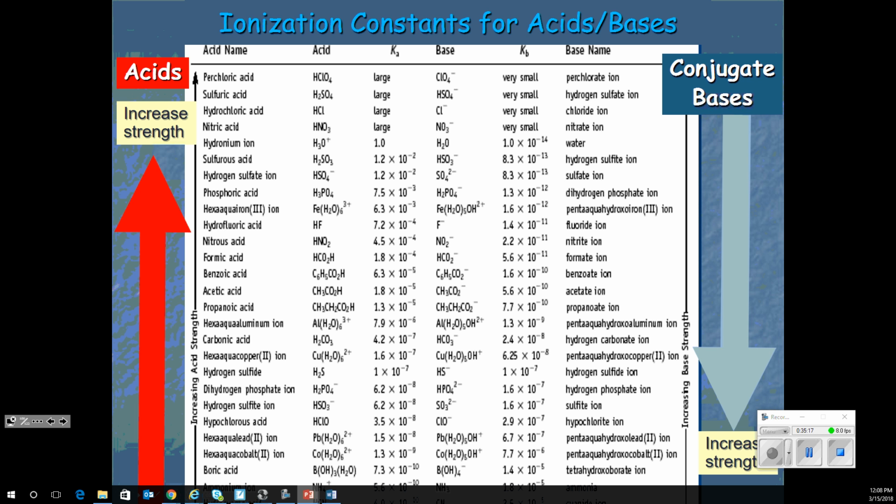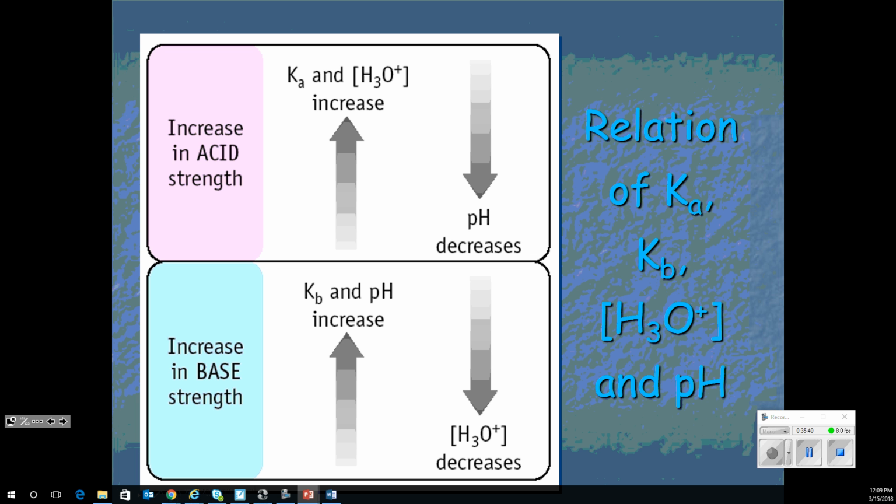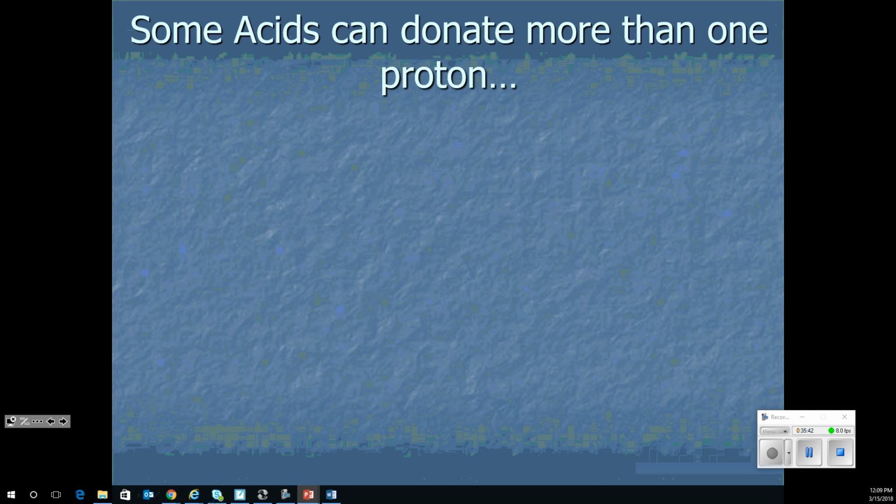So Ka times Kb equals Kw. If I have a strong acid, the base of that is weak. If I have a strong base, the conjugate acid of that is weak. So a strong acid goes to a weak base, a strong base goes to a weak acid, and vice versa. That's just basically what that says.